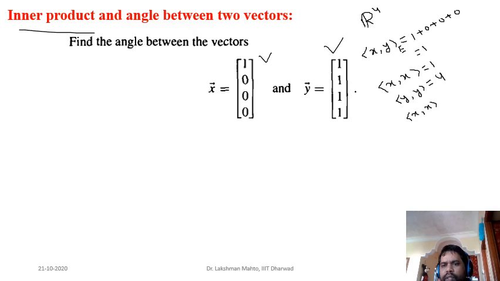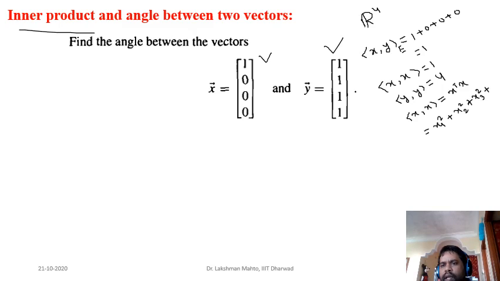If you write the inner product as x transpose x, it will come as x1 square plus x2 square plus x3 square plus x4 square, that is, x1 times x1 plus x2 times x2 plus x3 times x3 plus x4 times x4.